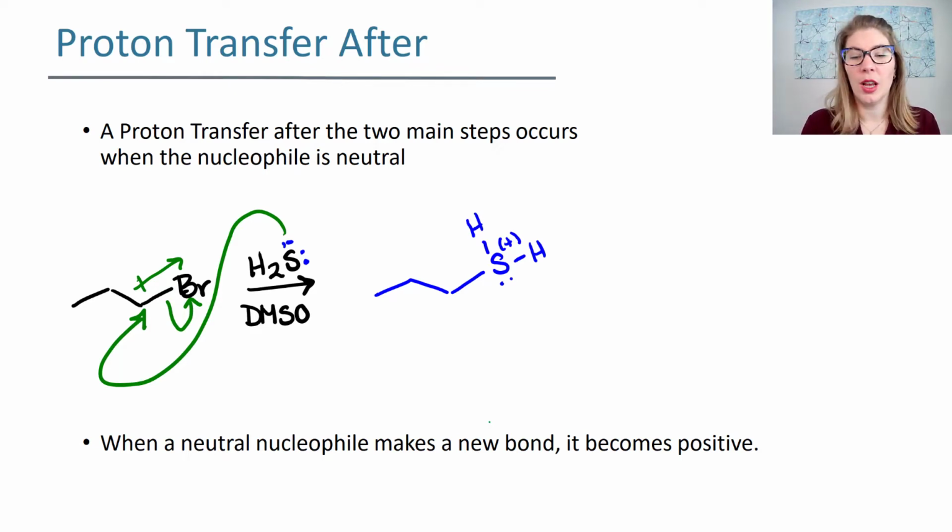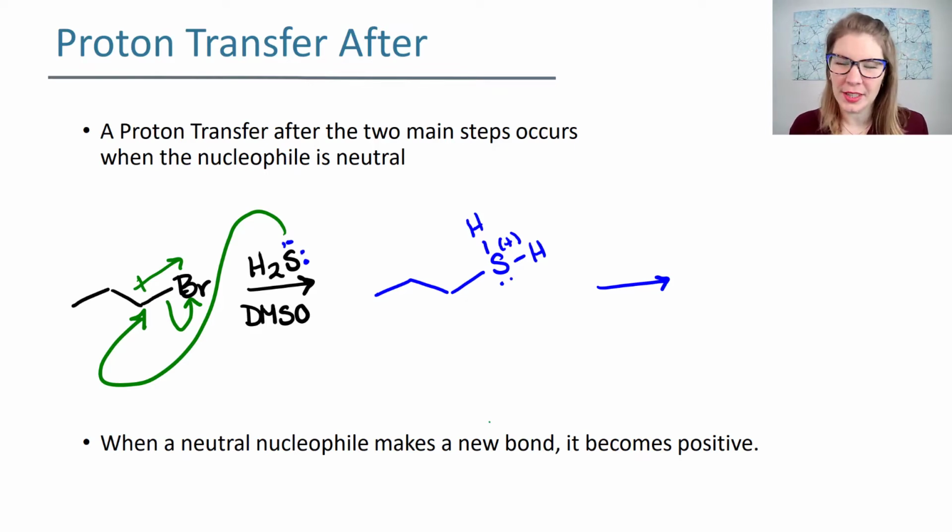If you are not given a subsequent base, then you need to look at the bromide ion and look at H2S and decide which one is going to be the better base. In this particular example, I looked up the pKa of HBr and of H3S+, and they're pretty similar to one another. They're both around negative 4.5-ish.